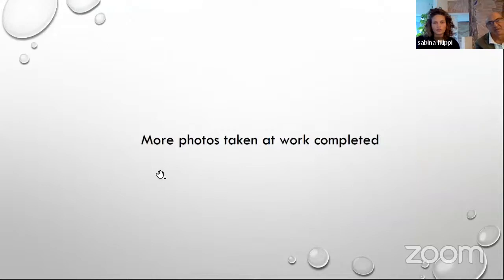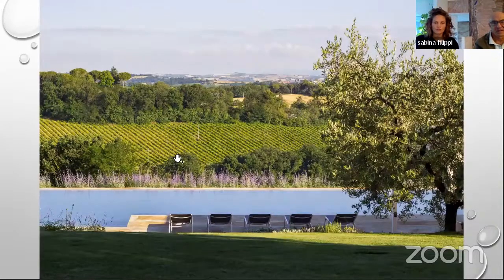And here I will show you more photos of the completed work. Me and my colleague Cristina Franceschini took all these photos, and we tried to take inspiration from the landscape and the surroundings. So here you can see how the pool is well inserted in the hill, and how the colors match perfectly together.